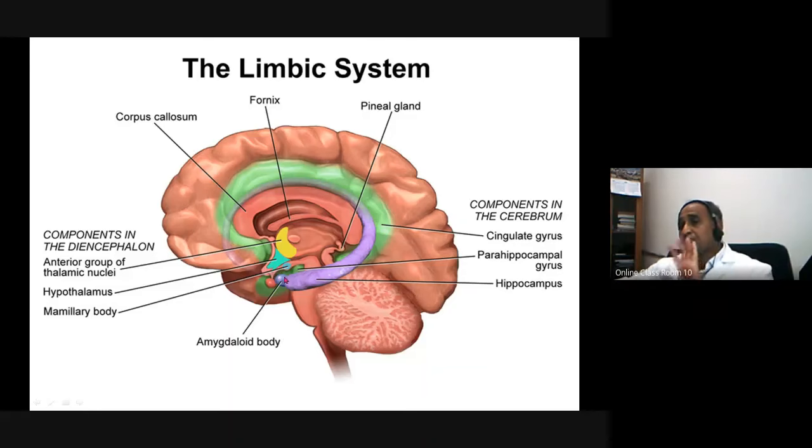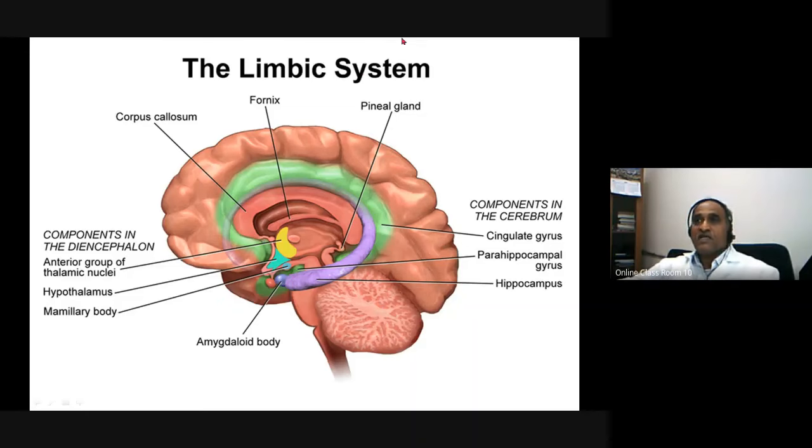Amygdala is an emotional area in which all the emotions, positive emotions or negative emotions, that means happiness or aggressiveness, anger, or joy, all are vested here in the amygdala.